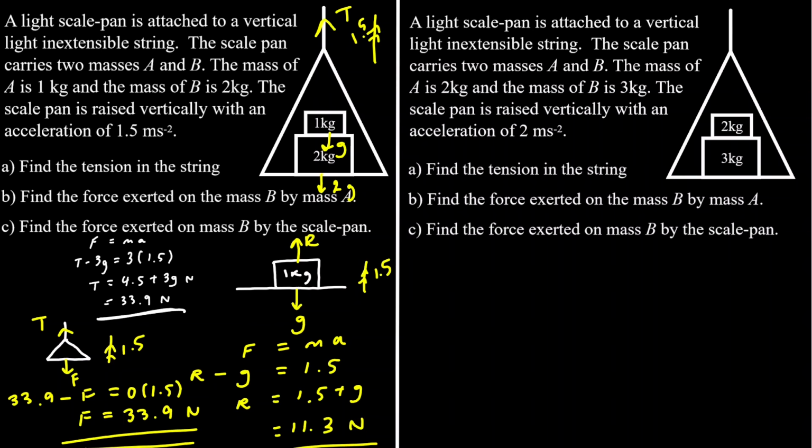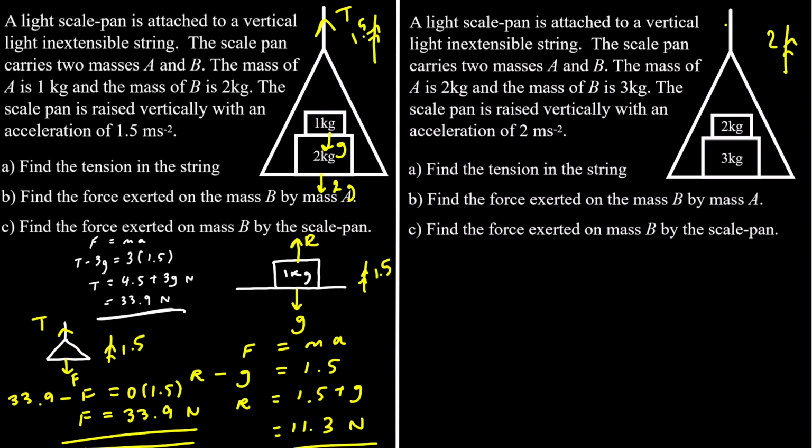Okay, we have another question. Try and give this one a go. So a light scale pan is attached to a vertical light inextensible string again. So we've got two masses, A and B, 2 kilograms and 3 kilograms, and it's raised vertically with an acceleration of 2.